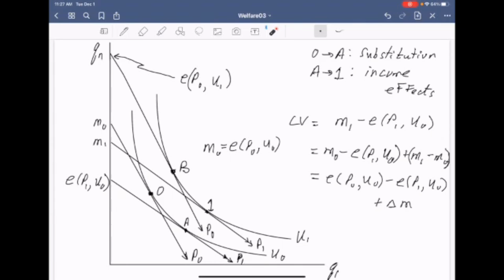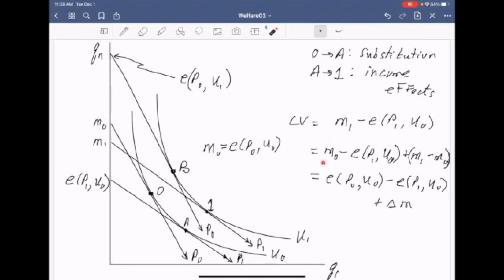And we calculate the compensating variation as M1 minus E(P1, U0). This is our compensating variation, and we can rewrite that because what we're doing is adding M0 and subtracting M0.